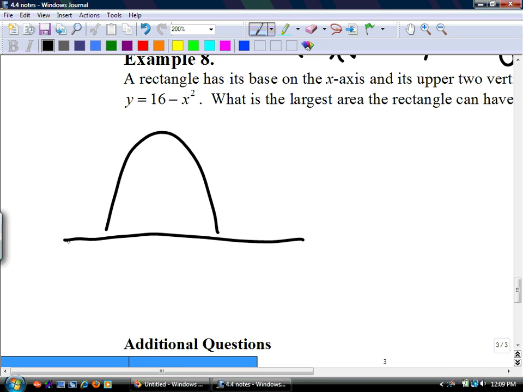A rectangle in like this, touching the parabola on both sides. What else? Draw a y-axis. Good. Now what?